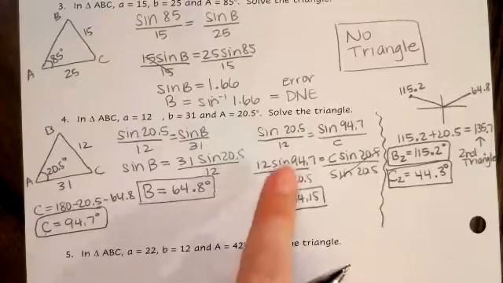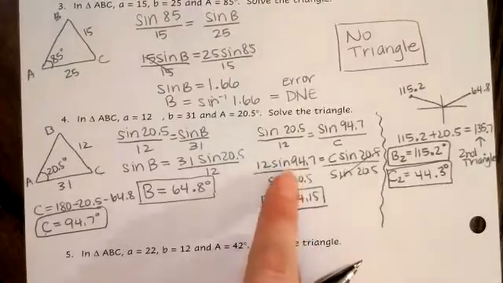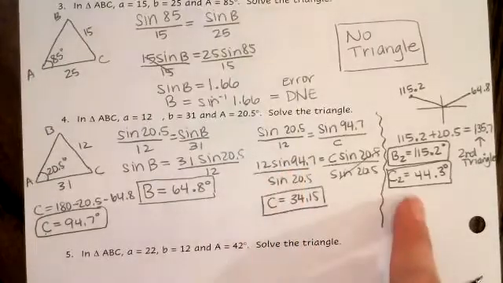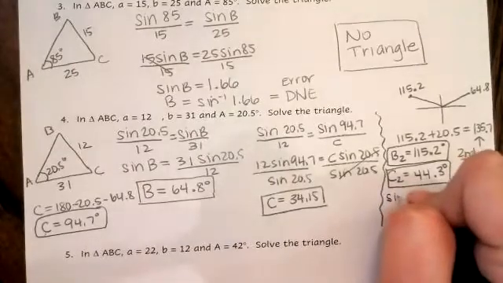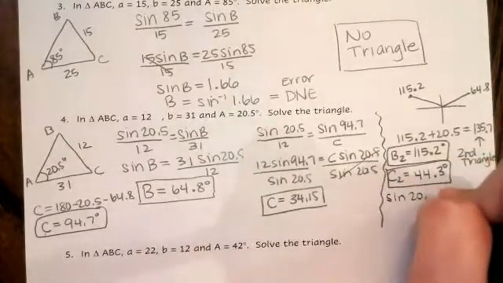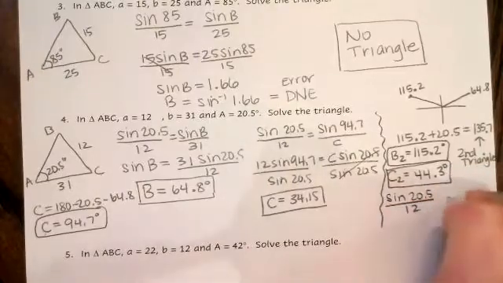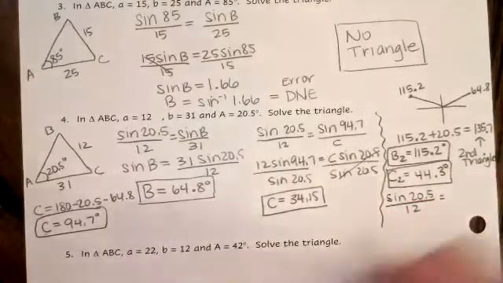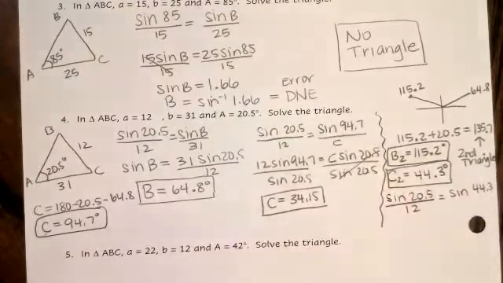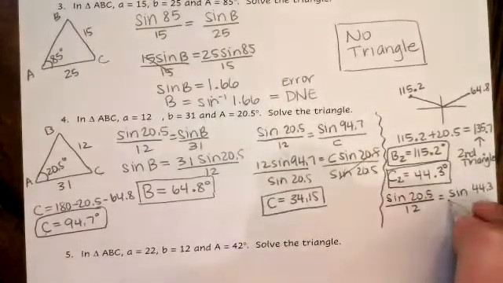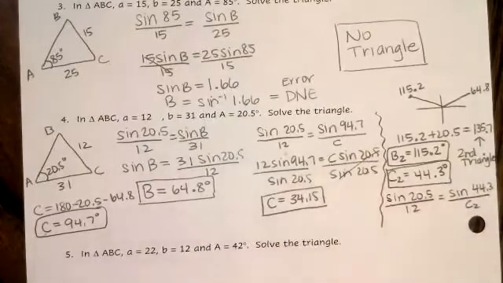And then my last step, I would have to do this same thing to find what the corresponding side would be for this triangle. So I get my sine of 20.5 over 12. That was given, so that has to be the same. And then I do sine of 44.3 because that's my new C value over that C2.